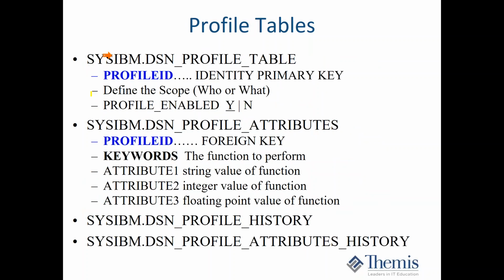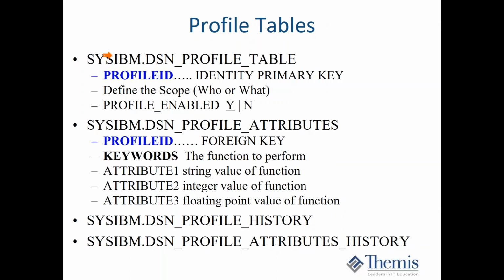So when we look at profile tables, you have two key main base tables. The first one, the DSN profile table, is where you insert a row and define the scope, or who you're wanting to set up a profile for.